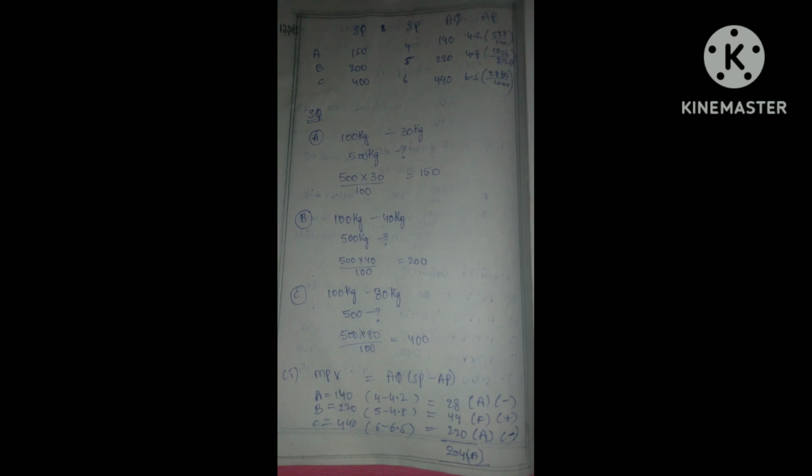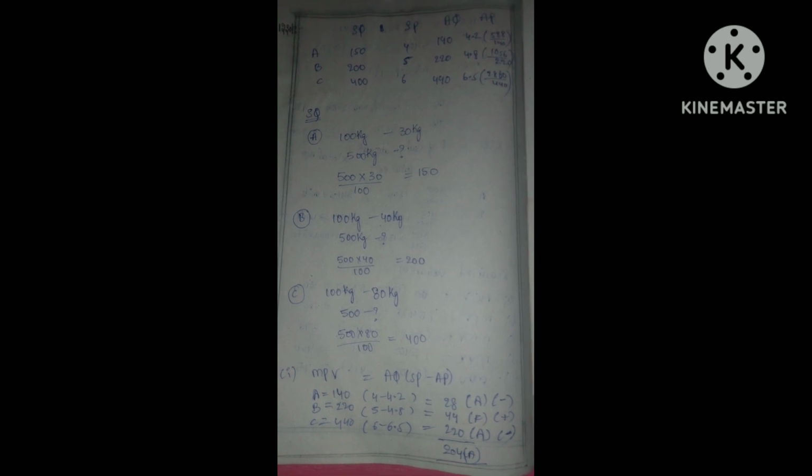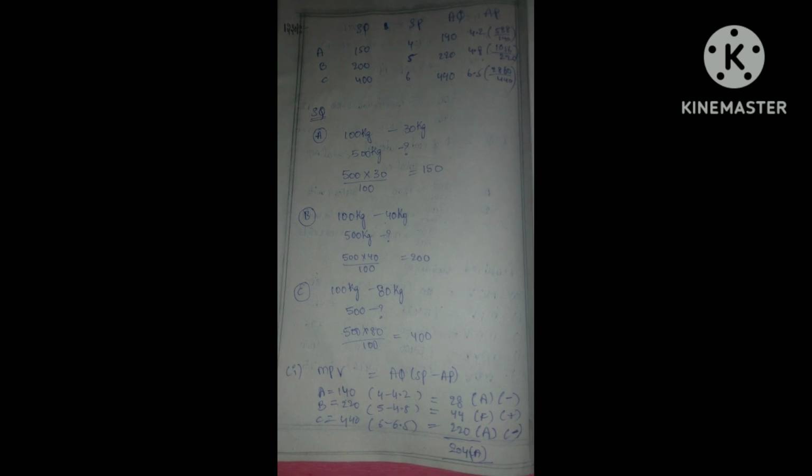So guys, first we have to calculate actual price. For chemical A, he has given actual quantity is 140 and the cost is 588. So we divide 588 by 140 and we get 4.2. That is the actual price of chemical A. Now for chemical B, the quantity is 220 and the cost is 1056.